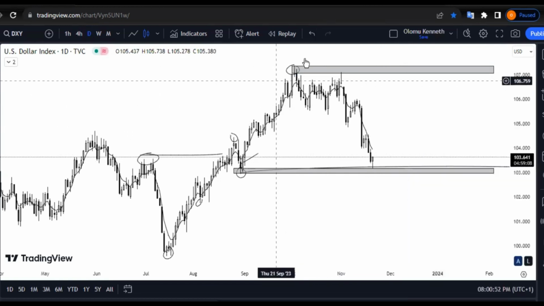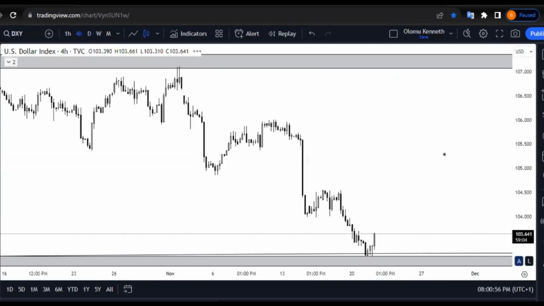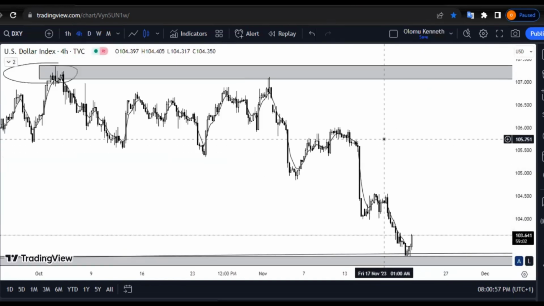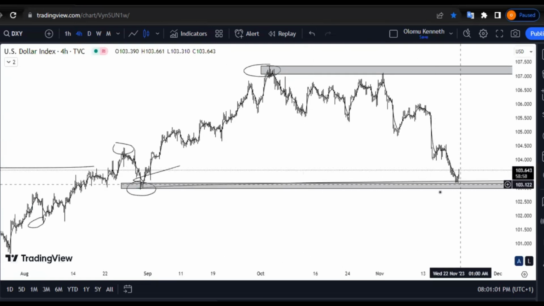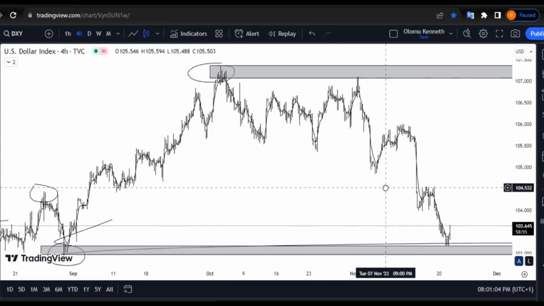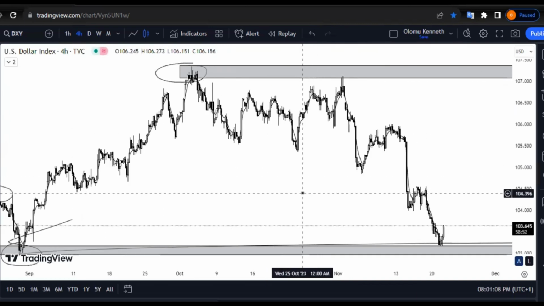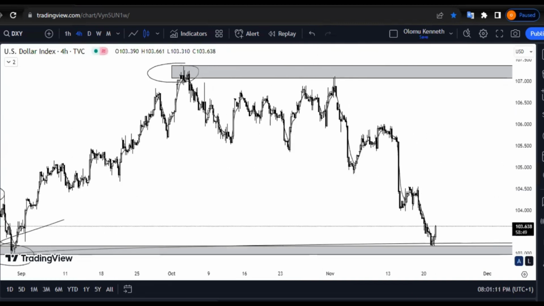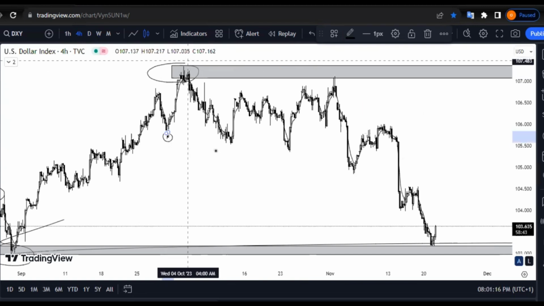So this is the daily range that we're looking at. So let's see what price is doing within those ranges. Okay, so this is the range that we're working with. We're working with this range, this one and this one. What is the market doing? Okay, so we have this last push to the upside as an impulse.